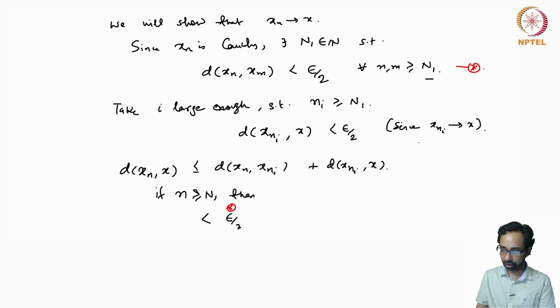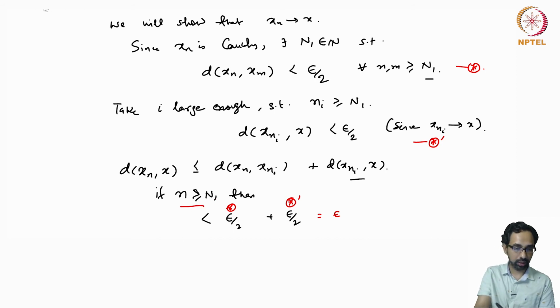And we have the second condition from the convergence of the subsequence, and so the second term is also less than epsilon by 2, and this is from star prime. And so this sum is equal to epsilon, and therefore we have that d(x_n, x) is less than epsilon for all n greater than n_1.